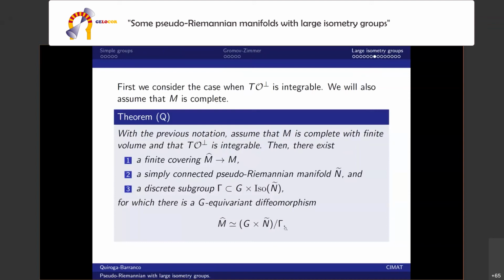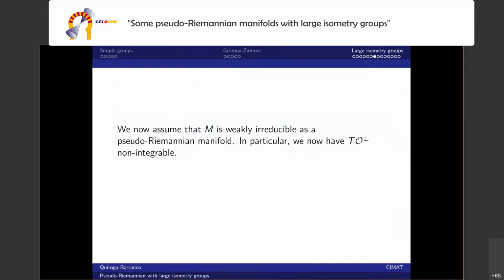So again, some kind of factorization where G has to appear. That's the integrable case. For the non-integrable case of the normal bundle, there are actually more interesting results that you can obtain. Again, I'm going to assume that M is complete and has finite volume.